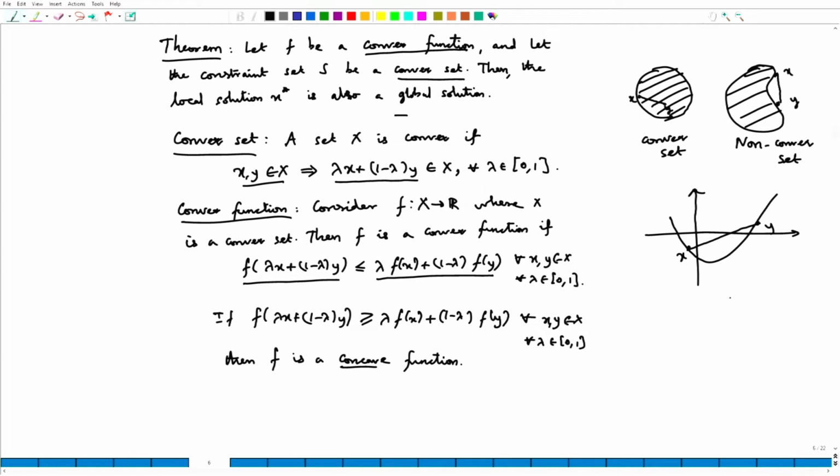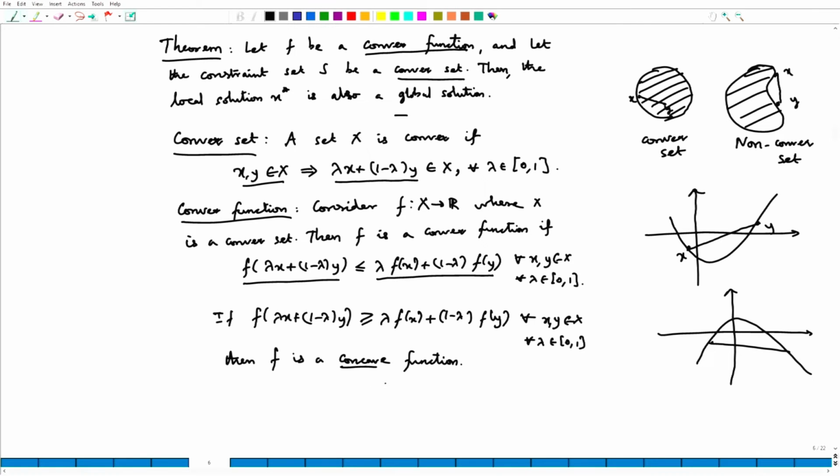If you consider the inverted curve of what I have drawn here, something like this, then you can see that the curve always lies above the line segment, or the line segment lies below the curve. In such a case it is called a concave function. We could also have functions which are neither convex nor concave. In certain parts it is convex and in certain parts it is concave.